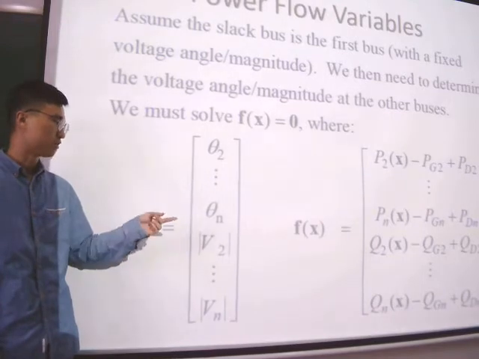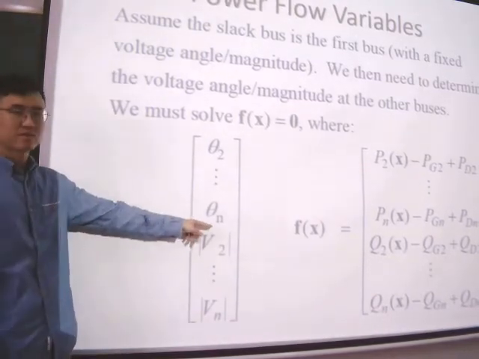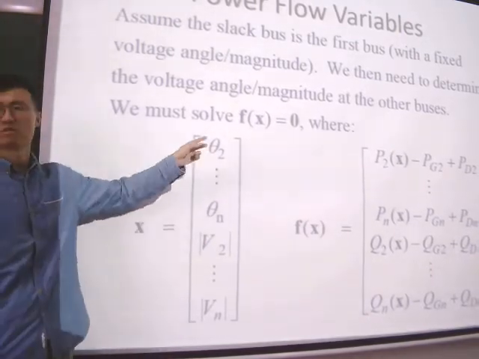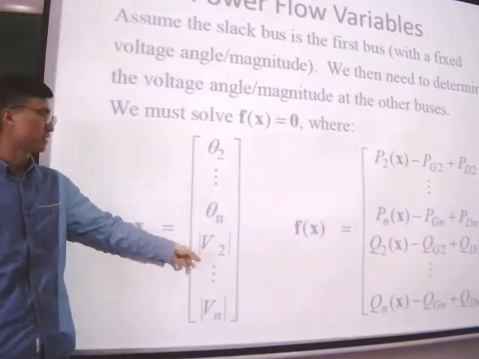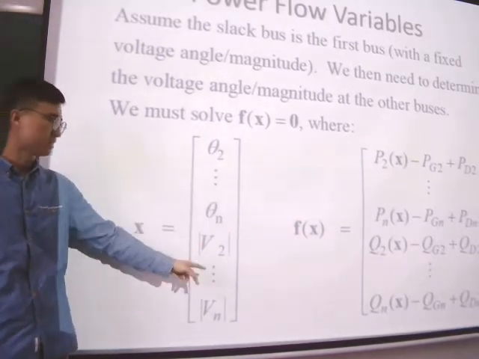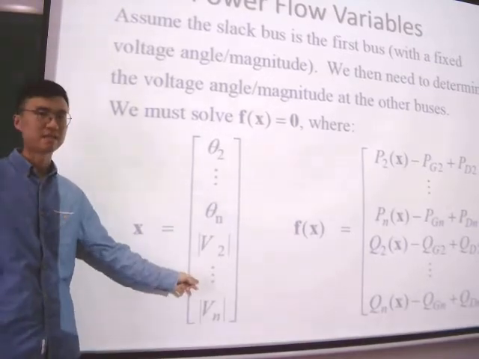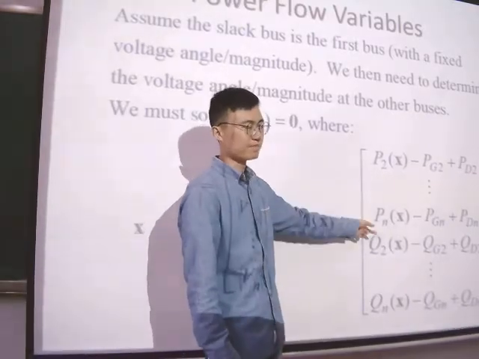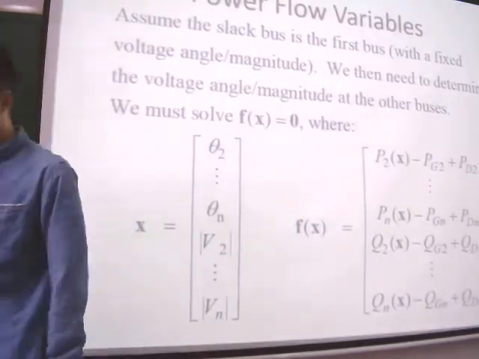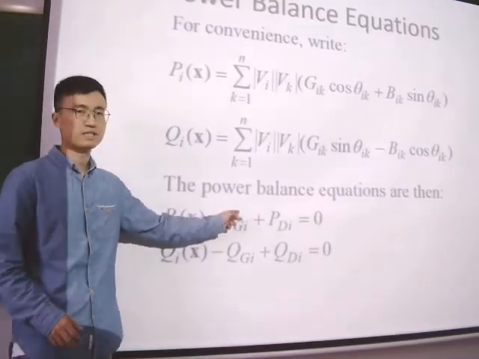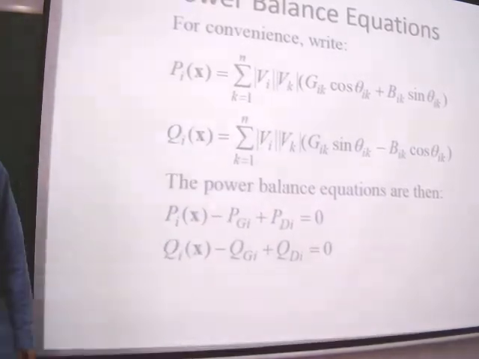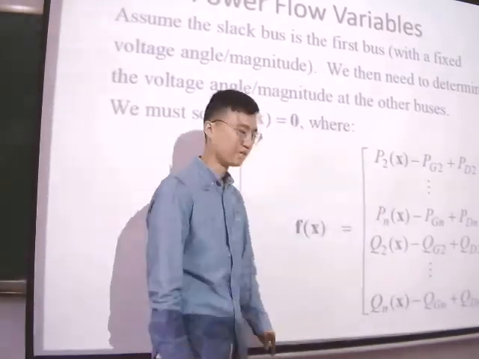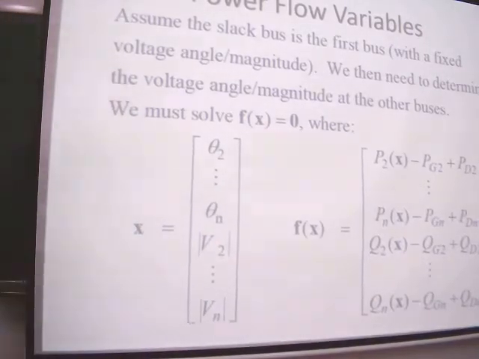Because the first bus is the slack bus, V1 and theta 1 are known. The unknowns are theta 2 to theta n and V2 to Vn, the voltage angles and magnitudes. And f(x) is the power balance equation, which we set to 0: the power functions P2 to Pn and Q2 to Qn.